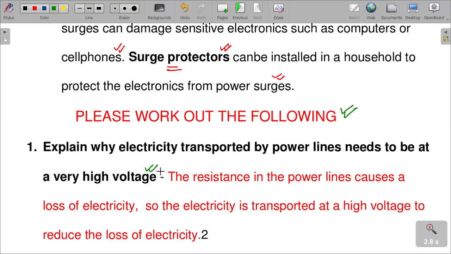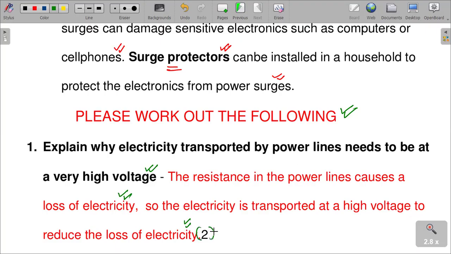This has been said in our presentation. I actually explained that. However, let's just repeat it for summing up our lesson. The resistance in the power lines causes loss of electricity. That is one reason. So the electricity is transported at high voltage to reduce the loss of electricity.